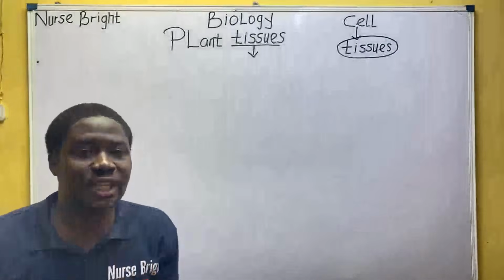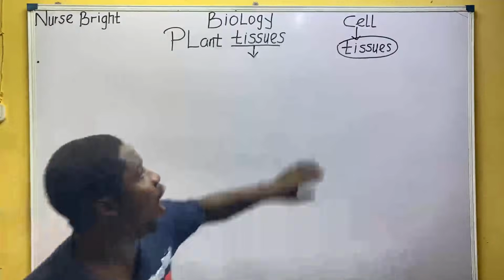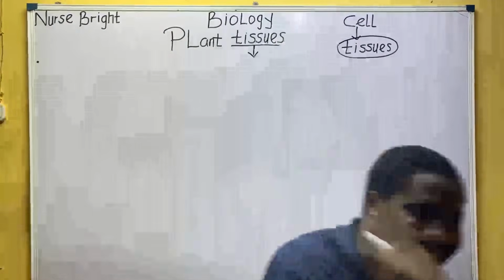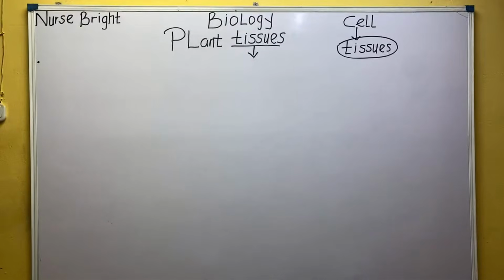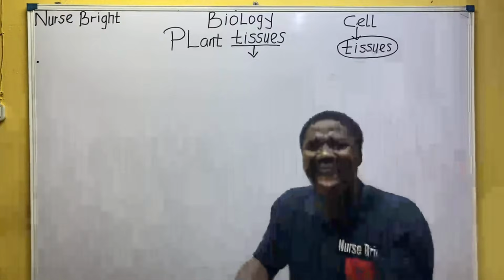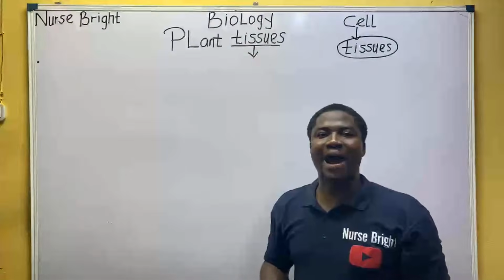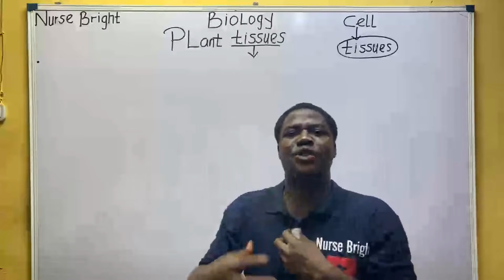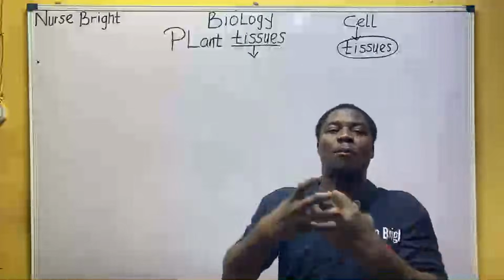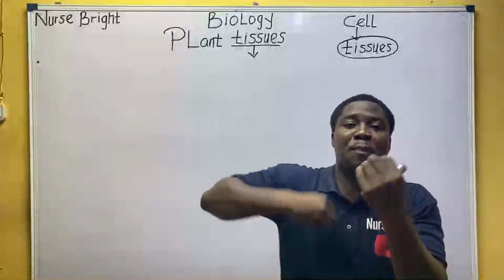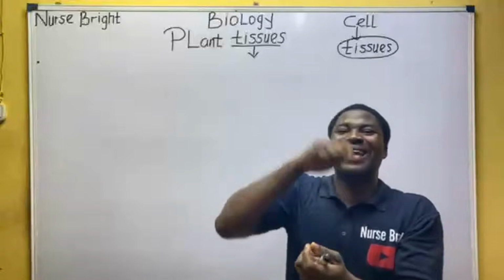Plant tissues are groups of cells, because it is cells that form tissues. So plant tissues are a group of cells that perform the same functions. When specific types of cells come together, they form tissues, and that group of cells will perform a function in that plant.